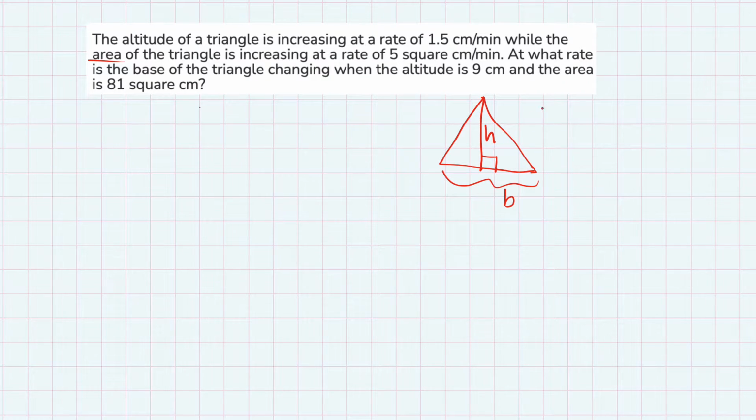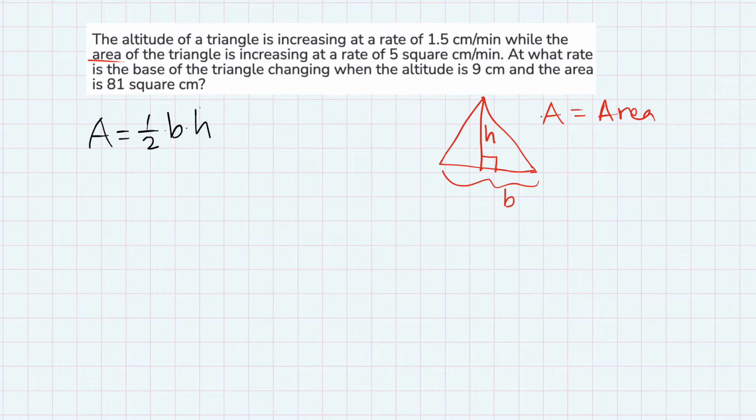And area, there is a formula, A is area. We know the formula of the area of a triangle. Area is in fact half times base times height.